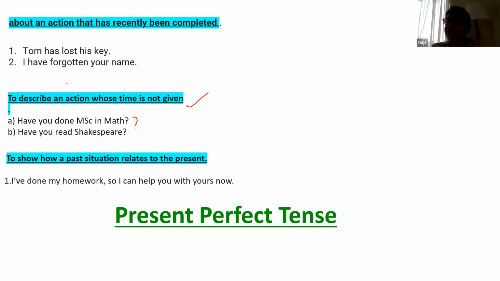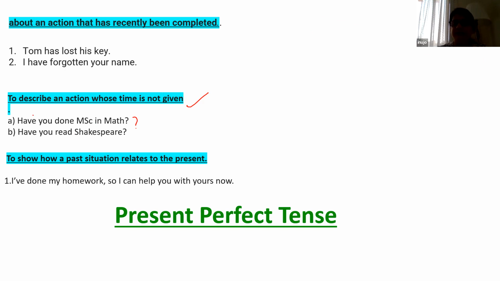I have done my homework. So it shows a past situation. I have already finished my homework, so I can help you. Since I have finished one task, I can do the next task. Our next example.